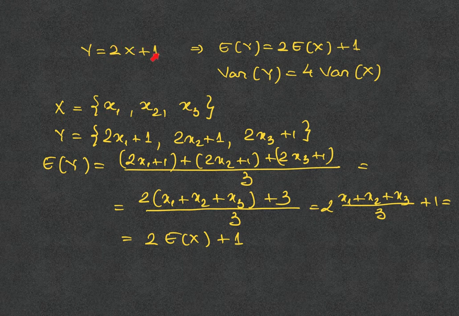Then 2x plus 1 will be 2x1 plus 1, 2x2 plus 1, 2x3 plus 1. When calculating the expected value of y, I add these 3 values and I divide by 3. In the next line, I regroup them. I factorize the 2. Then I break into 2 fractions and I get 2 times the expected value of x plus 1.